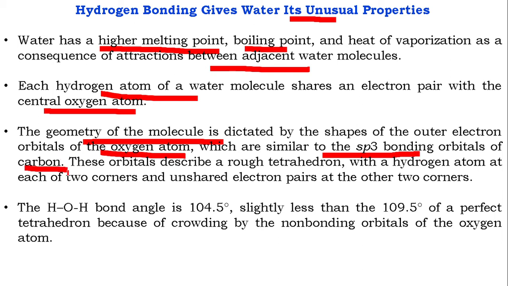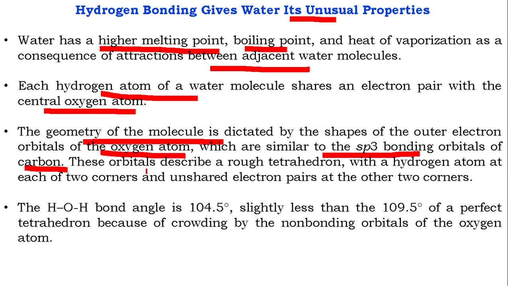You know that sp3, sp2, etc. are there, different types of bonding orbitals in carbon depending upon the number of carbon-carbon bonds. Here in the water molecule, the outer electron orbital of the oxygen atom is similar to that of a carbon atom bearing sp3 bonding hybridization.